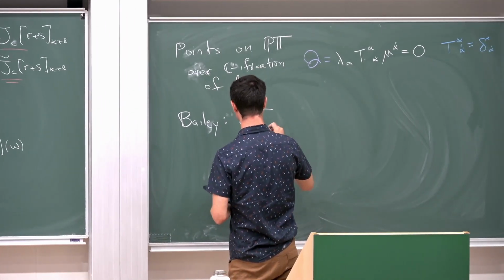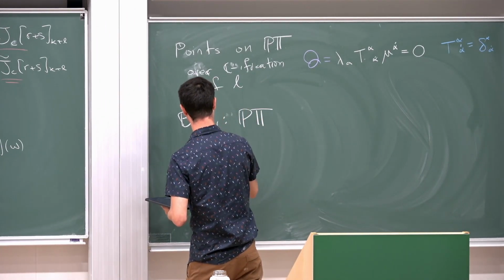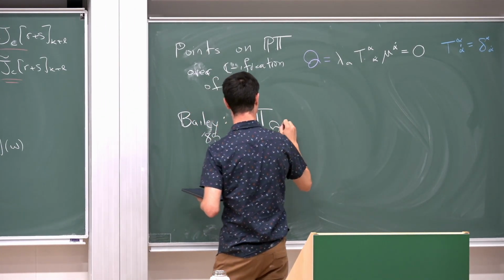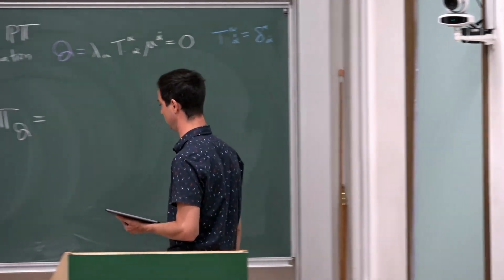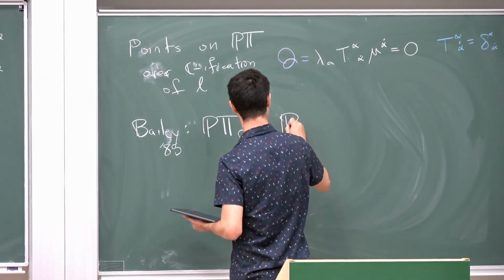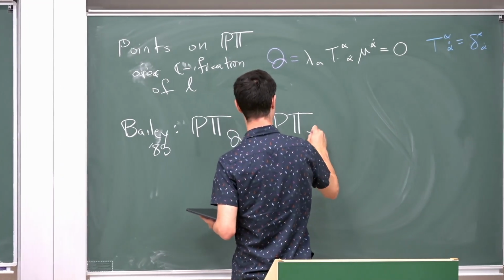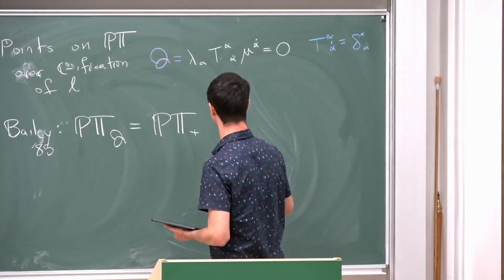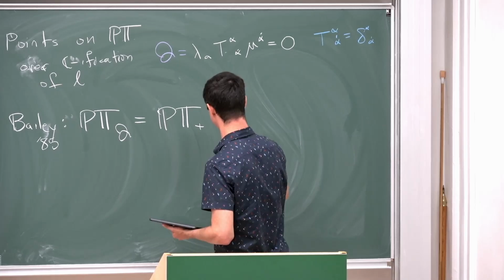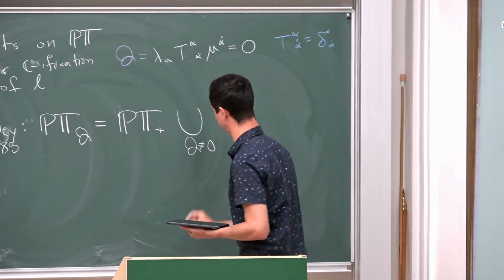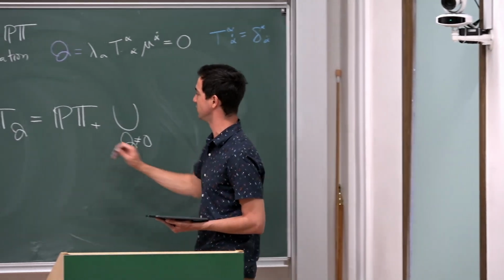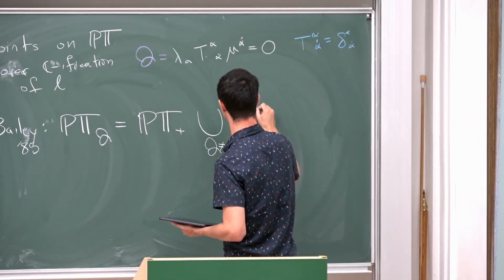And so Bailey says that the twistor space of this double cover, which I'll call PT sub Q, is perhaps something at first sight a little bit scary. It's a non-Hausdorff complex manifold where I take two copies of twistor space, this ordinary twistor space.